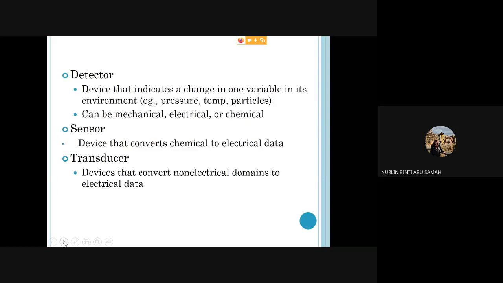So what is a detector? A detector is a device that indicates a change in one variable in its environment, for example pressure, temperature, particles. Basically, this detector can detect your analytes depending on one variable or one parameter changing.